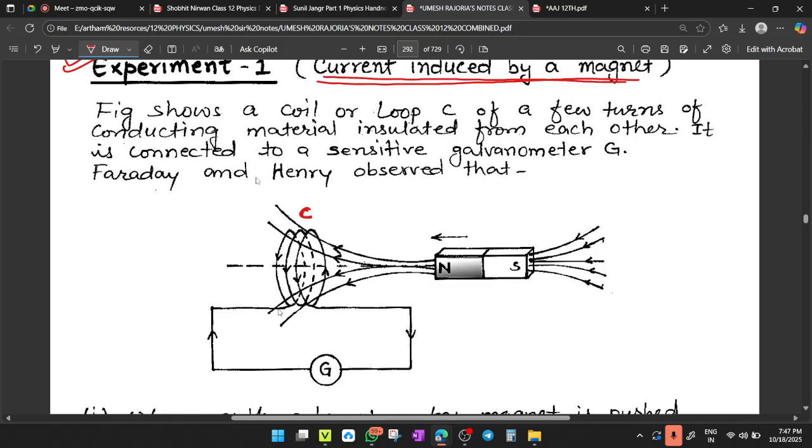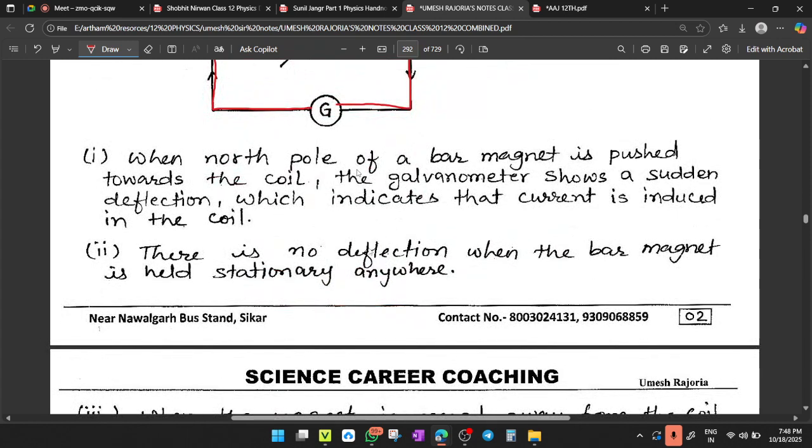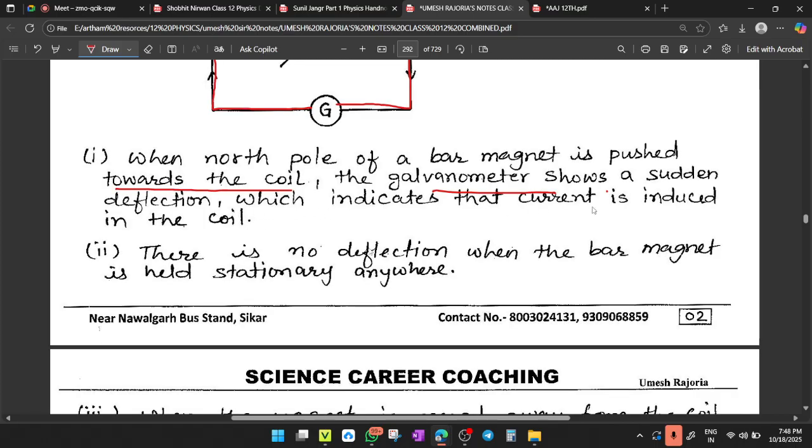See here, this is a coil, and like this we have closed these connections. So what was observed? If you keep this north pole closer to the coil, then when the north pole of the bar magnet is pushed towards the coil, the galvanometer shows a sudden deflection, which indicates that current is induced in the coil.